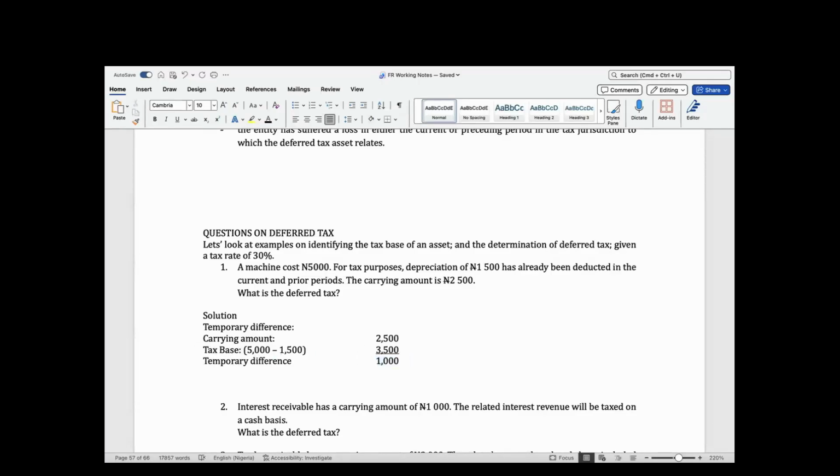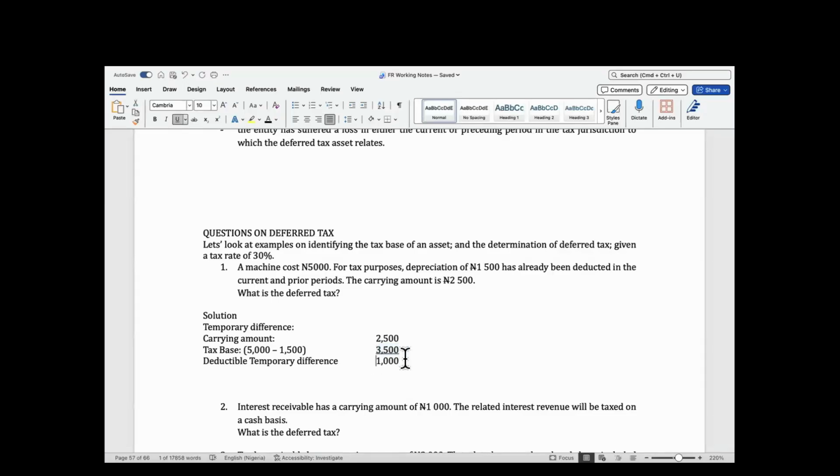So this 1,000 therefore becomes a deductible temporary difference. This is depreciation that I will deduct, 2.5. That's what the carrying amount means, the depreciation that I would have in my books. But this is what the taxman will deduct, 3,500.